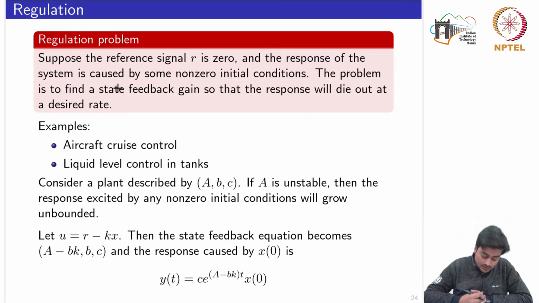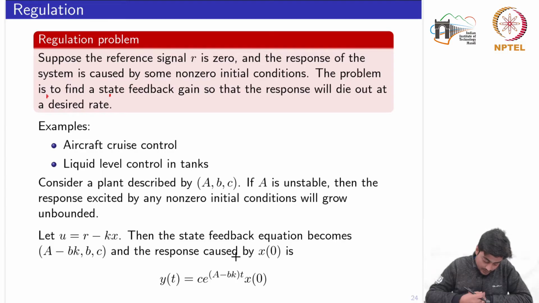It would tend towards zero. But in that case, you won't be able to achieve a certain desired rate. So we need to design a state feedback controller K so that we could place the eigenvalues at some desired location. Now if A is unstable, then for any non-zero initial condition, the response will grow unbounded.